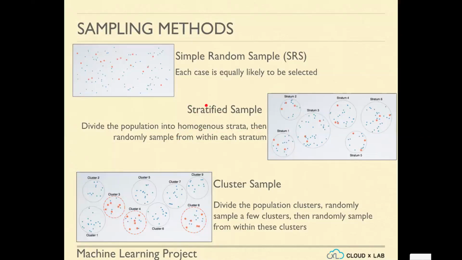Stratified sampling makes sense only if we are able to define some kind of strata. If we have clarity on the definition of strata, then it makes sense to do stratified sampling.